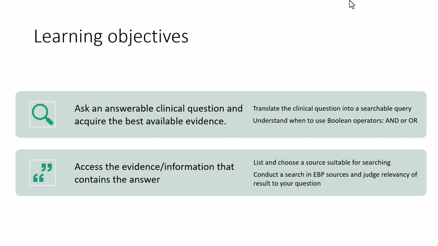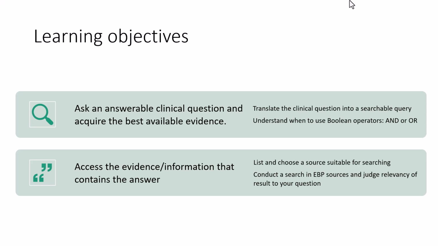One is to translate your clinical question from natural human language into a language that is searchable and usable in search systems and databases, by understanding how to combine the concepts of your clinical question using Boolean operators, including and, or, and also accessing the evidence or information that contains the answer, which requires you knowing the resources that provide documents that include your answer.